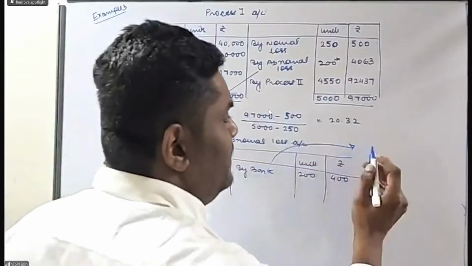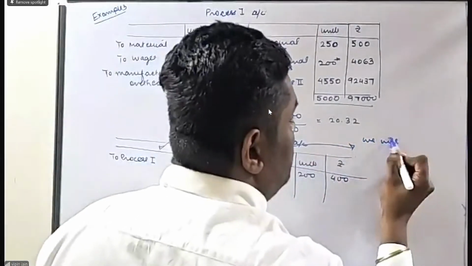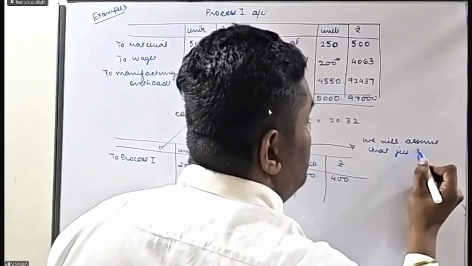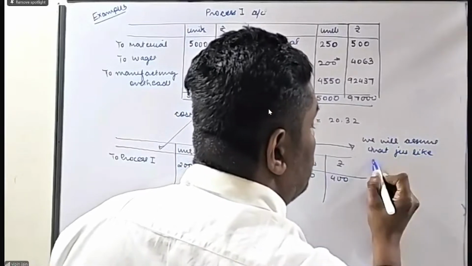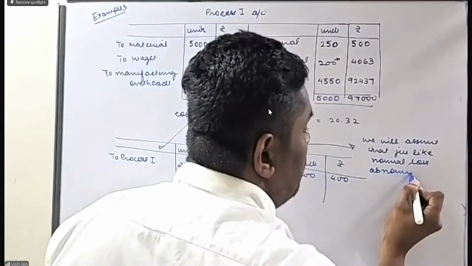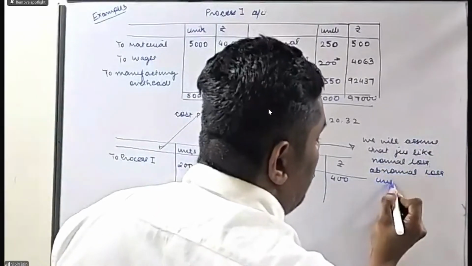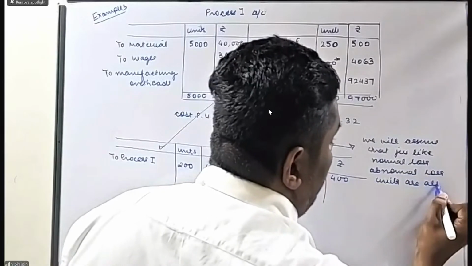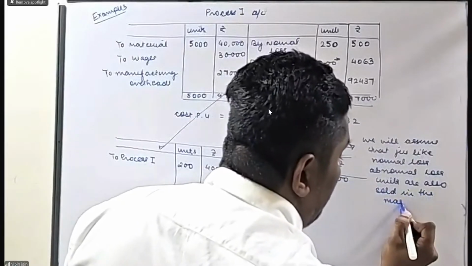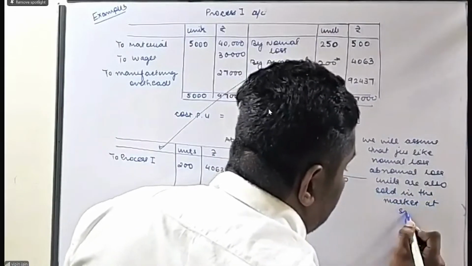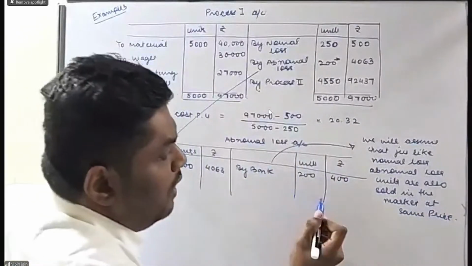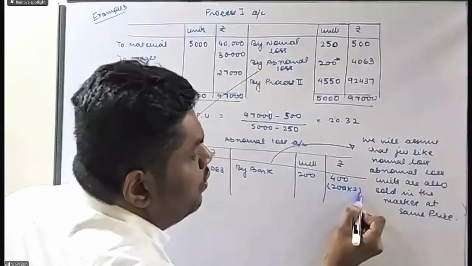I'm writing this for your reference. We will assume that just like normal loss, abnormal loss units are also sold in the market at the same price. So how come this 400? 200 into 2.